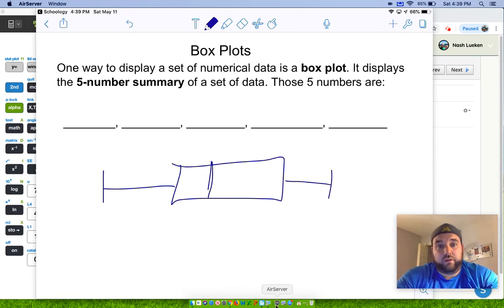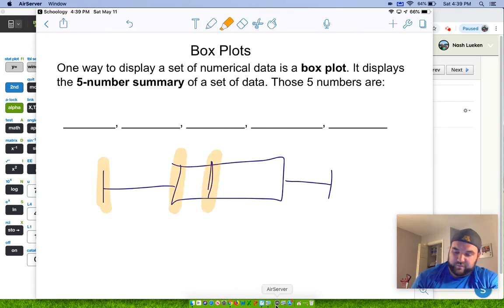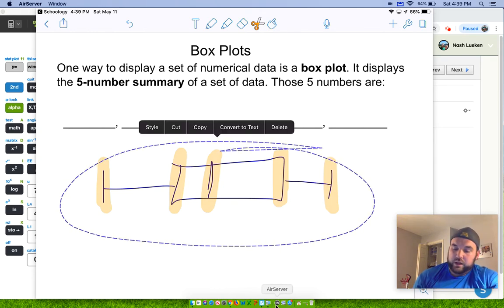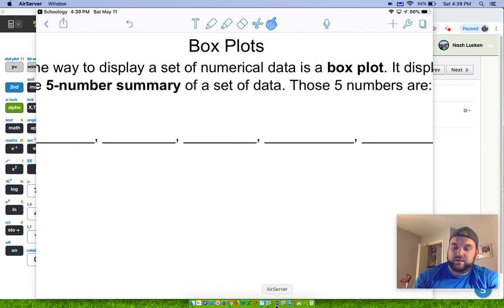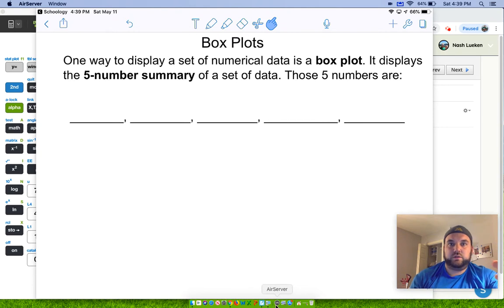We'll talk about what all that means, but you'll notice there are 5 vertical lines in a box plot, and those 5 numbers that make up the vertical lines are what is called the 5-number summary. It's a statistical way to summarize all of your data set very quickly.